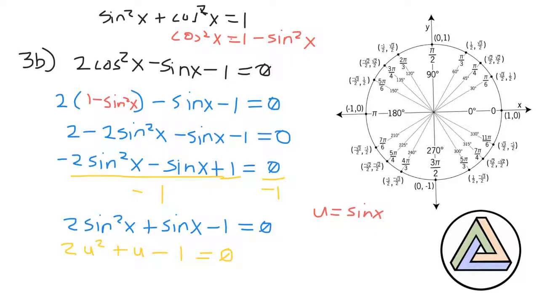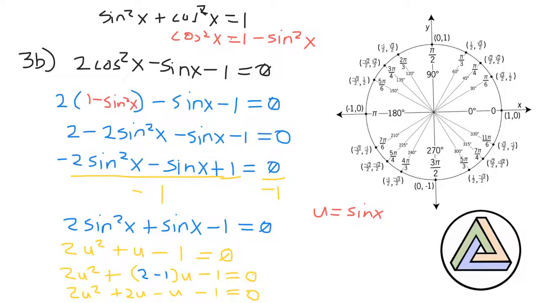So on the next line, I'm going to write that. So it's like 2u squared plus empty parentheses with a little u, minus 1 equals 0. Well, what goes in those empty parentheses? That would be positive 2 minus 1. And then at that point, I'm going to want to distribute this here and here. So I end up with 2u squared plus 2u minus u minus 1 equals 0.